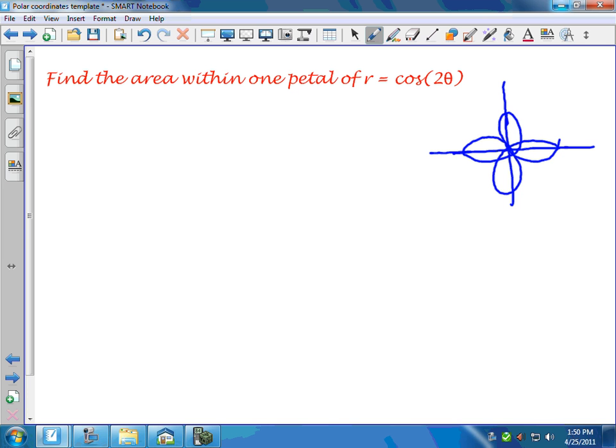Okay, so where did this one start? When theta is 0, what is r? It started at 1, right? When theta is equal to 0, it started at 1. Then my question is, when is the next time it hits the pole, the 0, 0 point? So set r equal to 0.